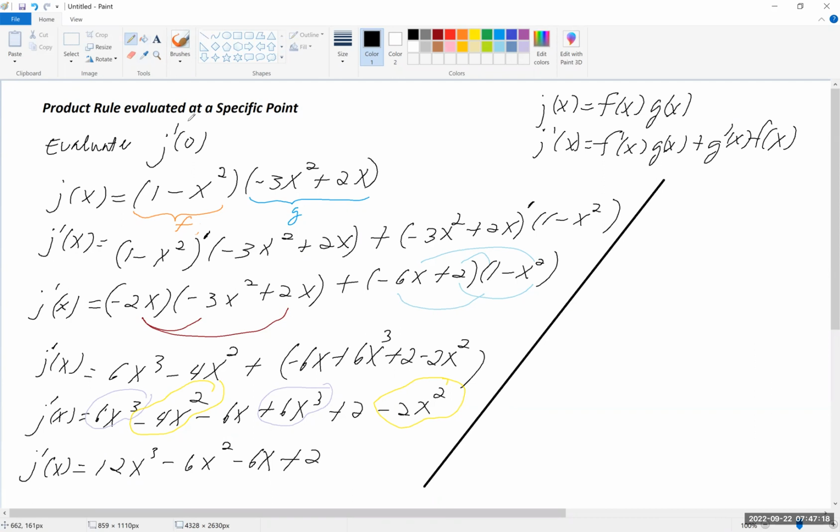All right, so now to wrap this up, I'm going to do that over here because we want to go back and remember that we wanted j prime of 0. So j prime of 0 means that I have to plug in 0 everywhere that there's an x.